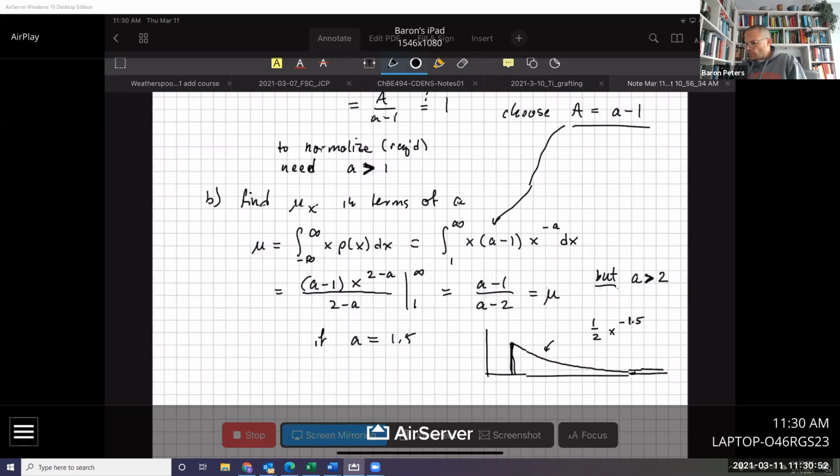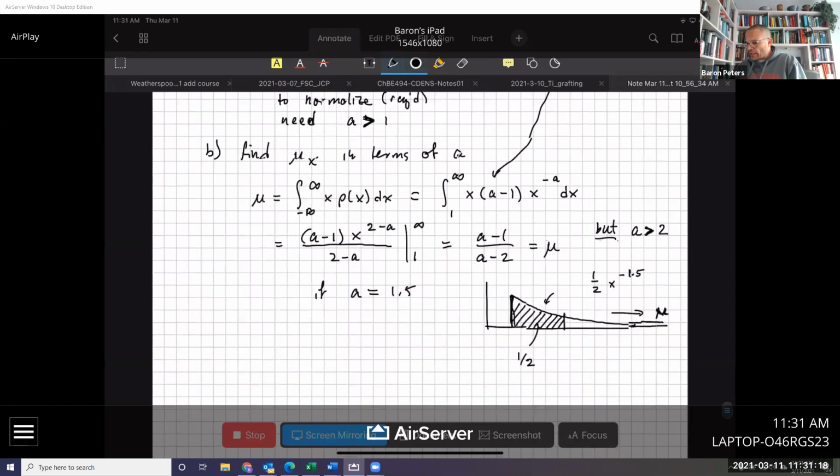And the problem is that the mean of this distribution is going out here to infinity, okay? I never reach it. And yet the place that I would define as the median might be right here. So that is 1/2 of the total area under the curve, and that means that this point right here would be the median.